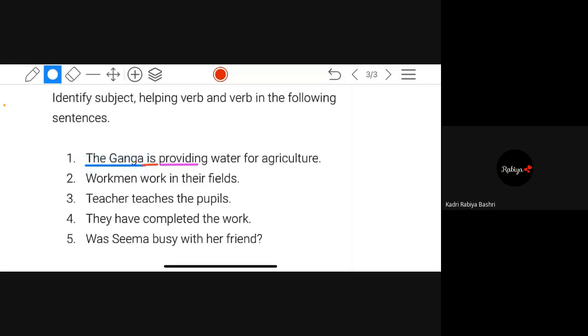Then second one, what is the subject? Workman. Is there any helping verb? No, there is no helping verb. We do have a main verb. Work.